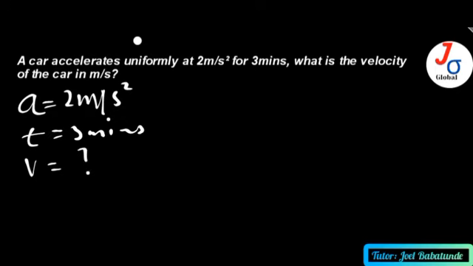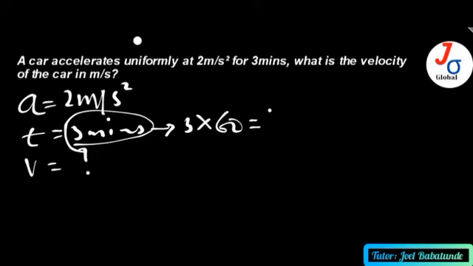Now we want the solution to be in meters per second, not meters per minute. So we have to convert these 3 minutes to seconds, because of the second in the unit of the acceleration. 60 seconds make 1 minute, so that's 3 times 60, which is 180 seconds.